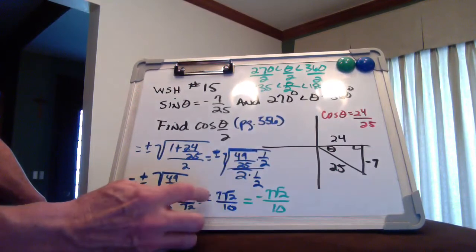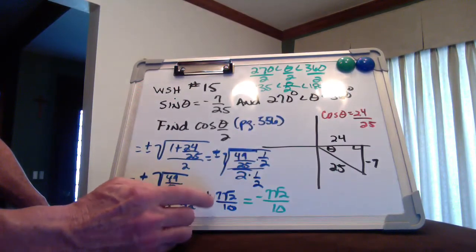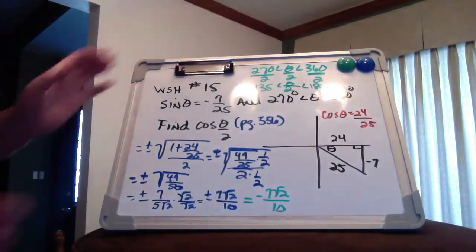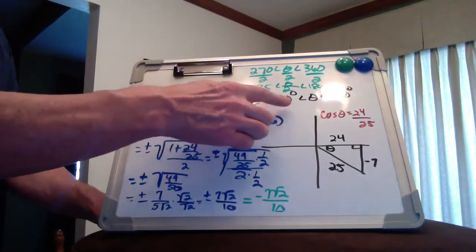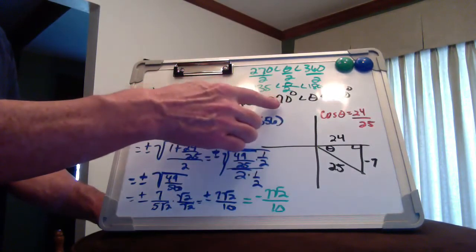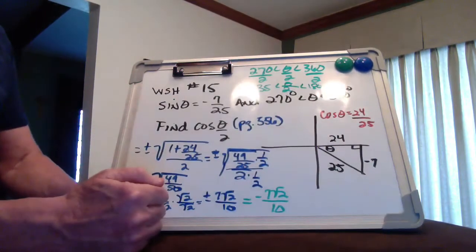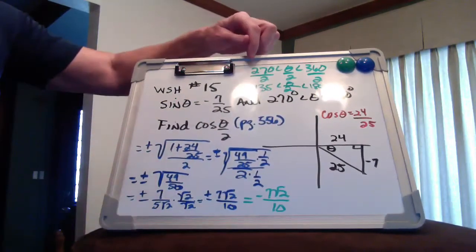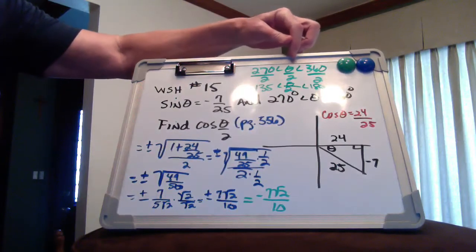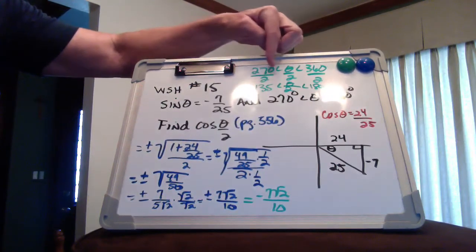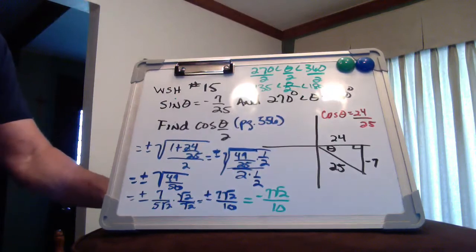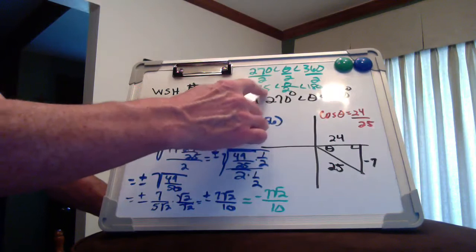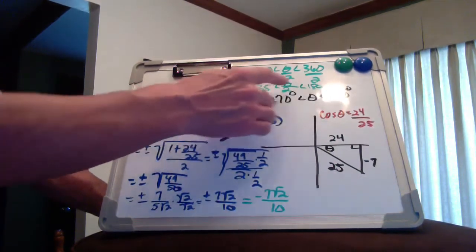So let's talk about why I decided to reject the positive and accept the negative. My answer is in green, so I want you to go to green up here. Originally you're told that theta is in the fourth quadrant, between 270 and 360. But you're looking for half of that angle. So the original restriction on the angle I put here, and I cut everything in half. And when I do that, half of the angle is between 135 and 180.